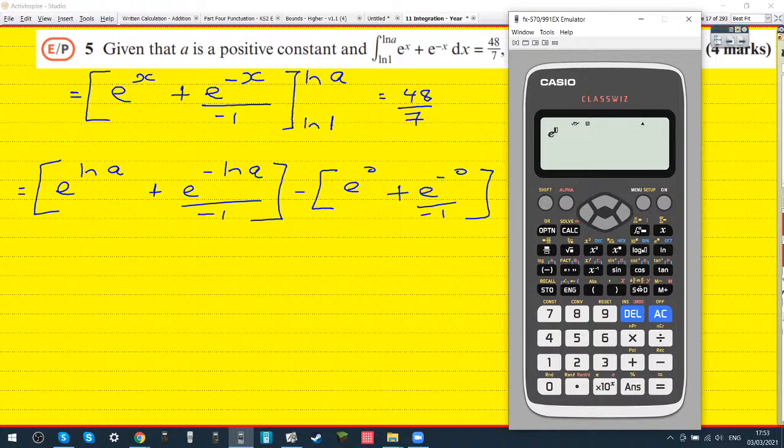Right, e to the ln 37 is 37. What do you think e to the ln a is? A.